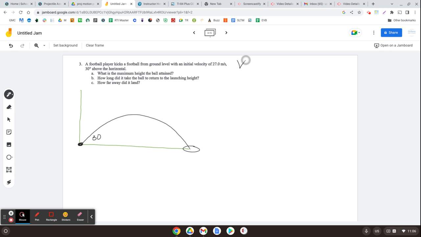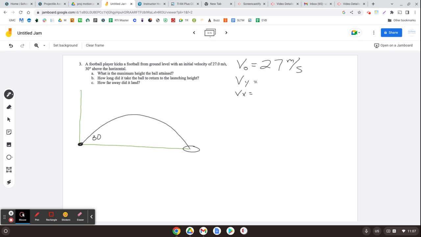and our initial velocity is 27 meters per second. Now, what is our initial velocity in the y, and what is our initial velocity in the x?